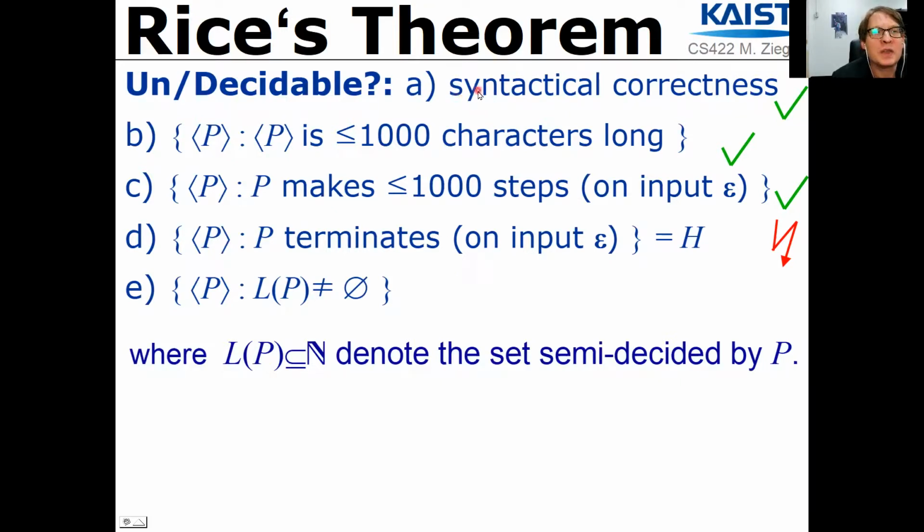These are all properties of given programs: syntactical correctness, the length of the program, the number of steps it makes, whether it terminates, or whether the set it semi-decides is empty or not. Some of them are decidable and others are not. And the question is why and which ones?